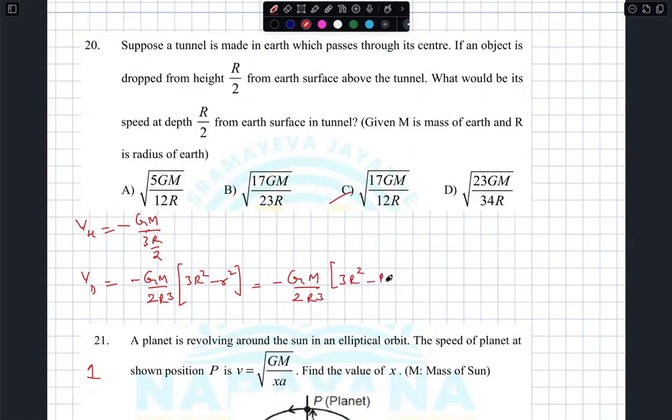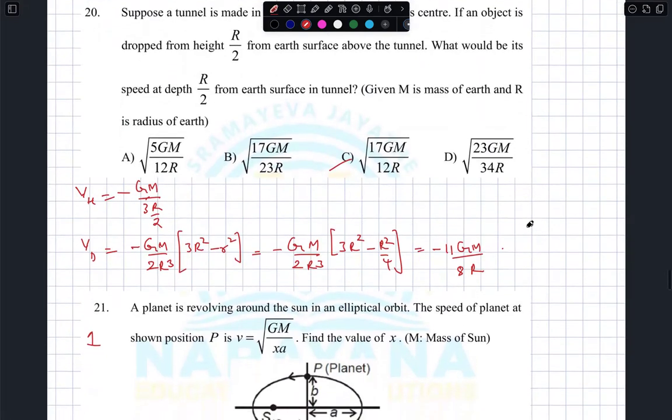Small r means R by 2, so small r square is R square by 4. 12 minus 1, 11, so 11GM by 8R. That is the potential at that depth, right? So what we need to do is, GMm by 3R by 2 is the total energy initially. Total energy finally is 11GMm by 8R plus kinetic energy. By solving which, you will get C as the answer.